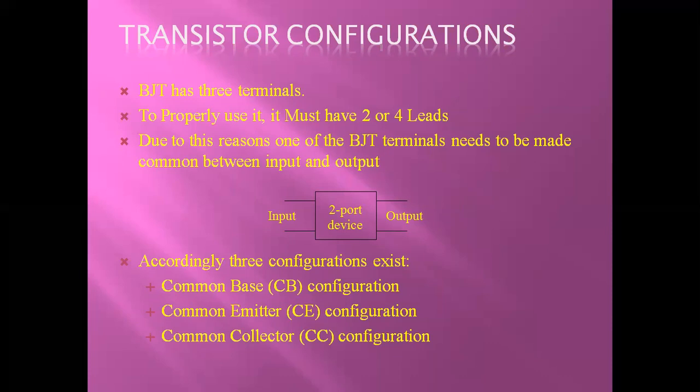The reason is that one of the bipolar junction transistor terminals needs to be made common between input and output, because the input needs to be a two-port device and the output also needs to be a two-port device. Hence 2 plus 2 is 4, or else a single input or single output, and hence two ports. So it must have two ports or four ports.